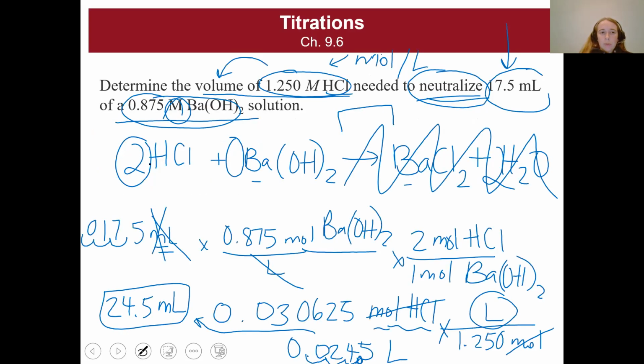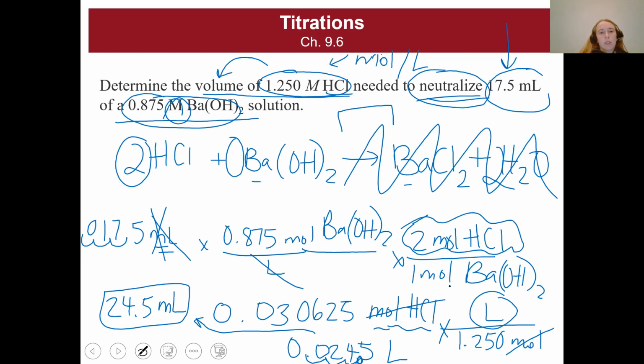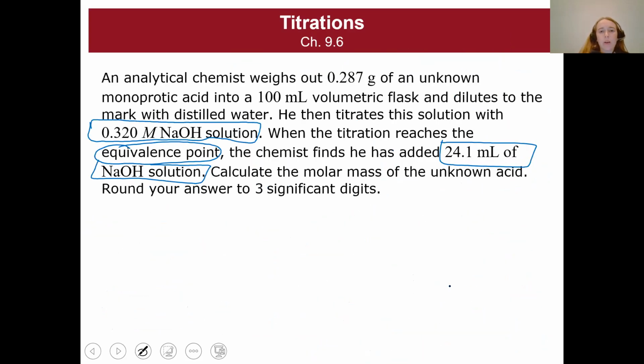The last two problems, it was actually not equal because we have a mole ratio here that is not 1 to 1. So they don't have equal number of moles. They have equivalent numbers of moles. That's what I should have said, and I apologize. Again, this one was also 2 to 1, so equivalent number of moles. All right. So we want our stoichiometric amounts of sodium hydroxide and this unknown acid.